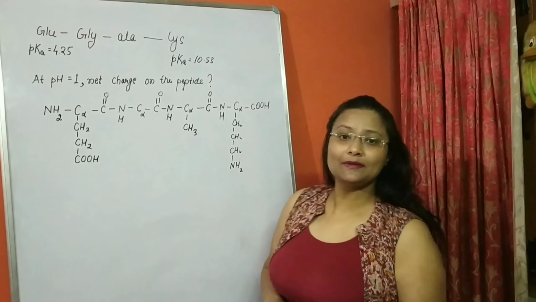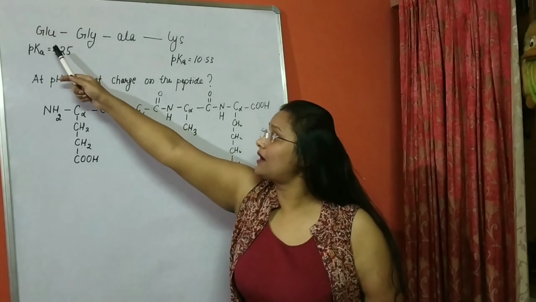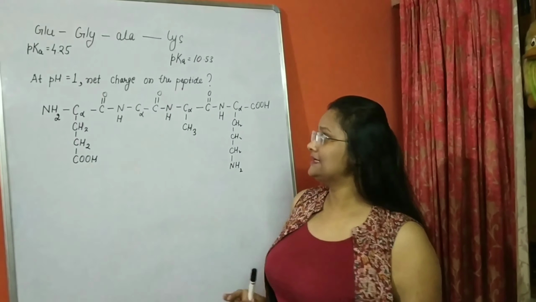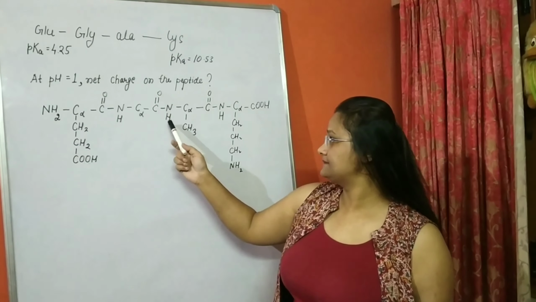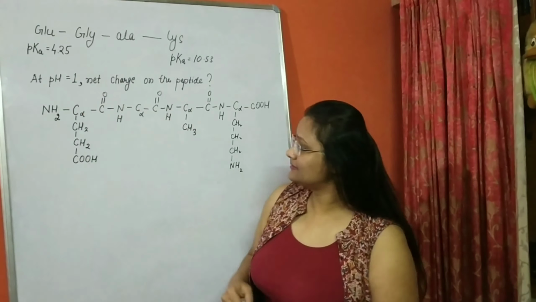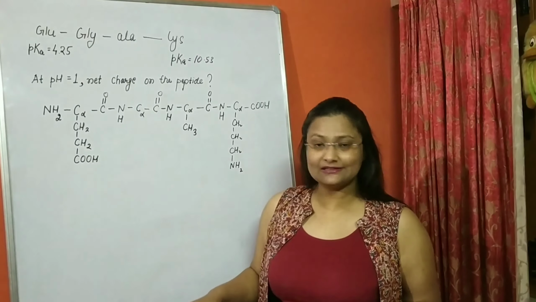Now the given peptide is glutamic acid, glycine, alanine and lysine. Glutamic acid has this side chain. Glycine does not have any side chain.